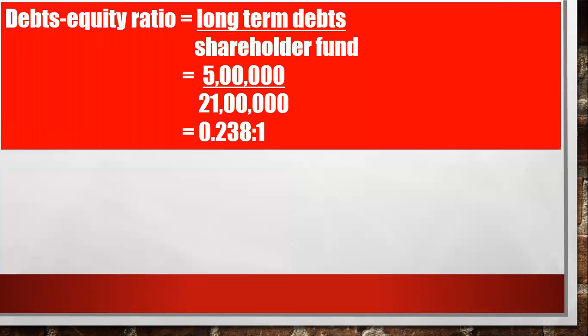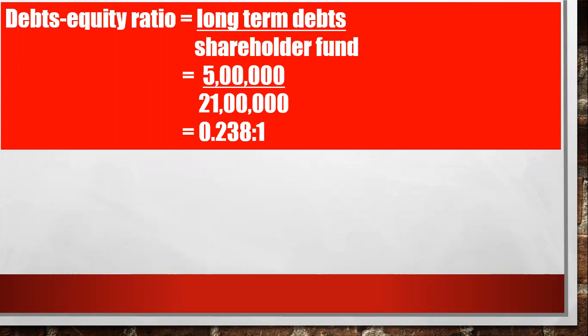This was the solution. The formula for debt equity ratio is long-term debts upon shareholders' fund. As I told you, long-term debts means long-term debentures. In this sum, only one is given, that is 5 lakh. So you take 5 lakh upon shareholders' fund. Shareholders' fund includes equity share capital, preference share capital, and reserves and surplus.